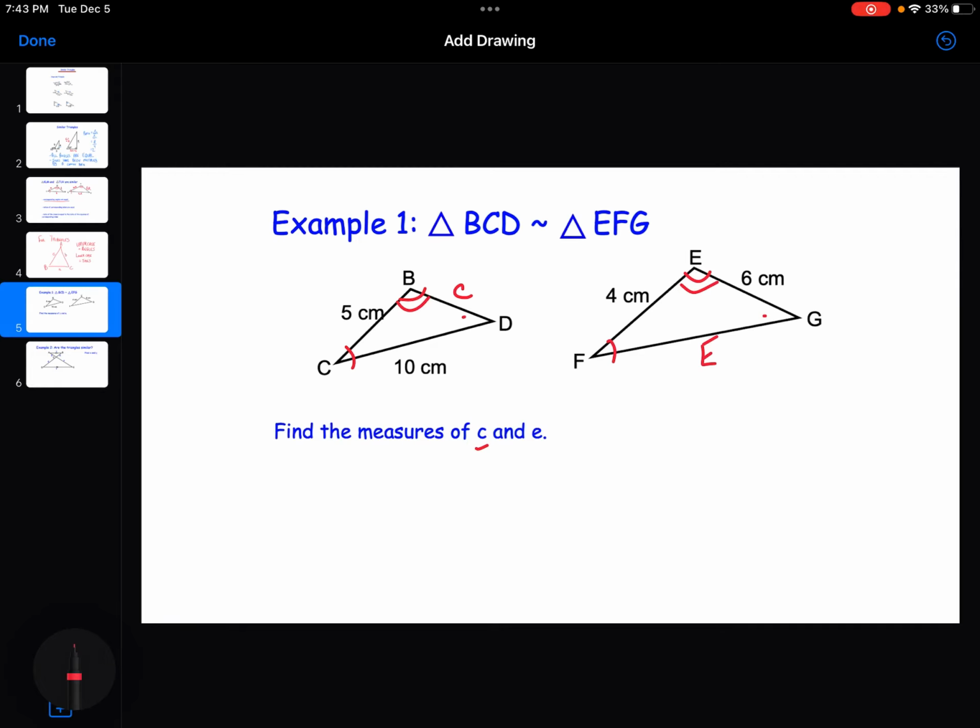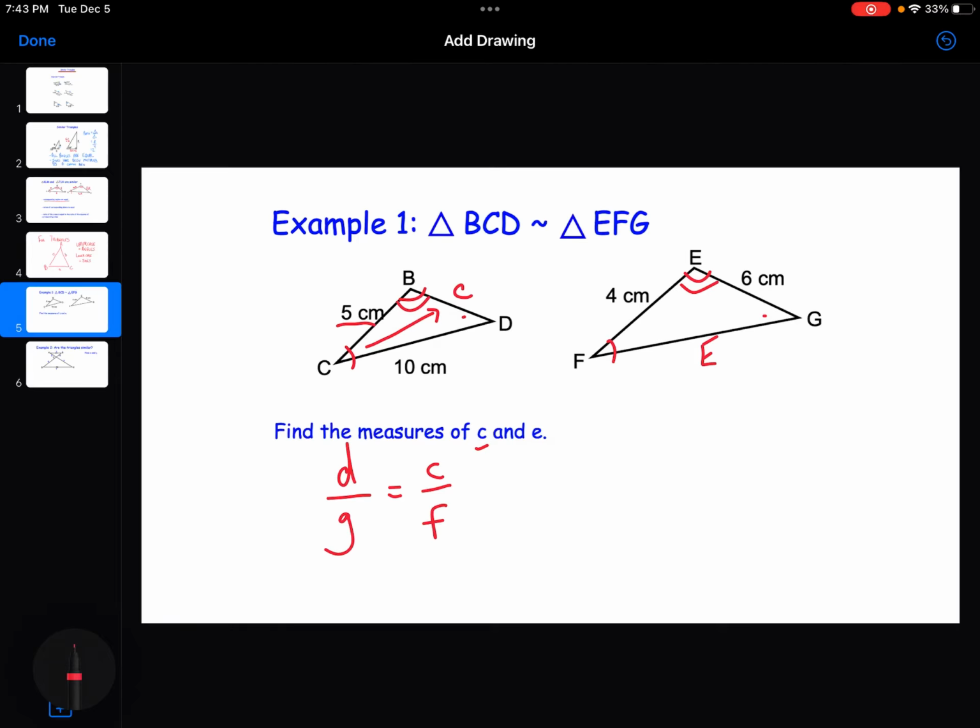What that's going to show me is that D, which is here, the 5, and G are in line with one another. They're directly across. So the ratio of D over G would equal all of the other ratios. So if I'm trying to find out C, all I'm going to do is put C over F.